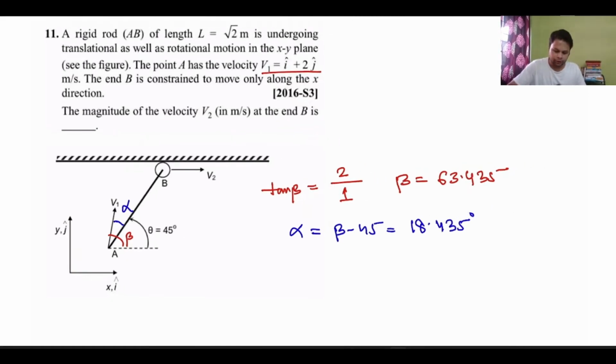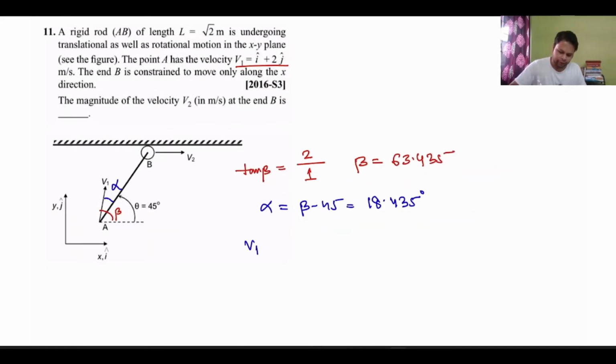Right. Now, what is the magnitude of V1? Vector V1 is given, na? So if you take out the magnitude of V1, it will be root over 1 square plus 2 square, which is coming out to be root 5.